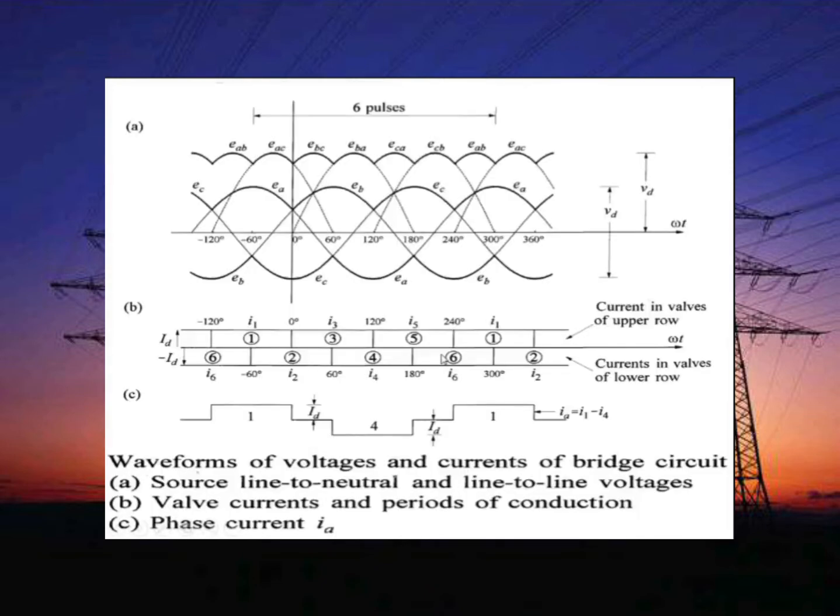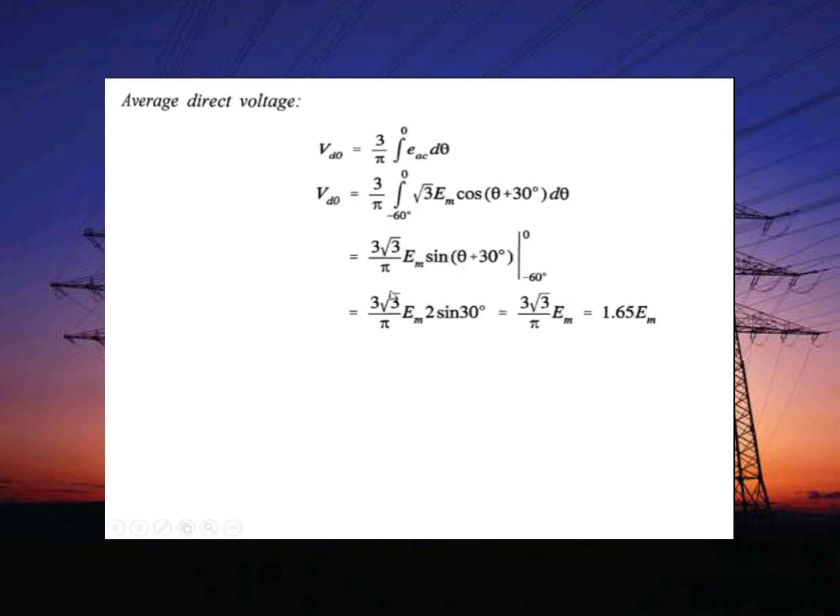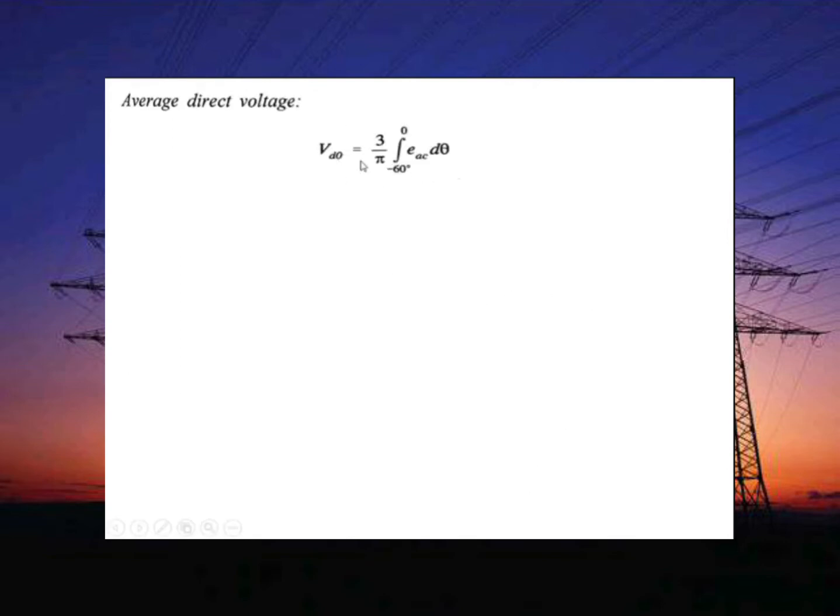So the average direct voltage for this three-phase bridge rectifier circuit is calculated using this equation. VDO is equal to 1 upon pi by 3, where pi by 3 is the conduction period of that phase. See here, how many degrees is pi by 3? It is 60 degrees.